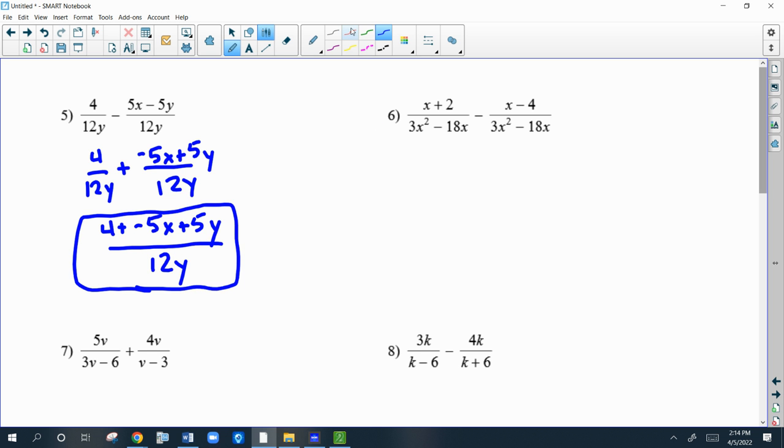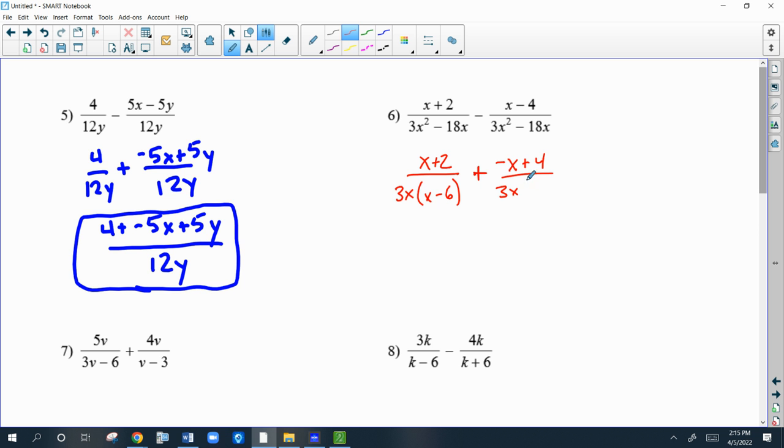The next one, I'm going to factor first. Now, this one is not going to be that important to factor because they already have common denominators. But that's good practice anyhow, so I'm going to factor the 3x out. I'm also going to change it to plus a negative. So I have negative x plus 4 up top.